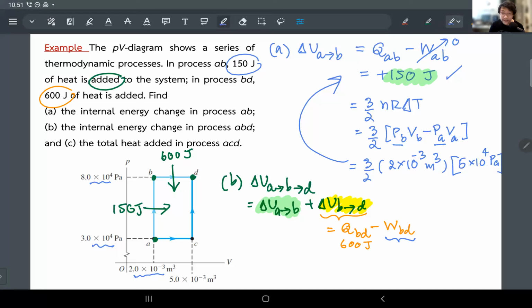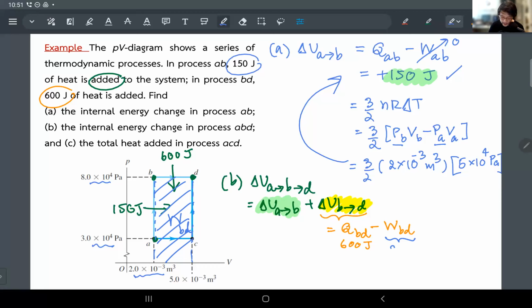The only thing missing here is the work done from B to D, but that's not hard because the B to D process is a constant pressure process, an isobar. So the area under the curve looks like just a rectangle. That's the work from B to D. You guys with me now? That means you can calculate this rectangular area right away.